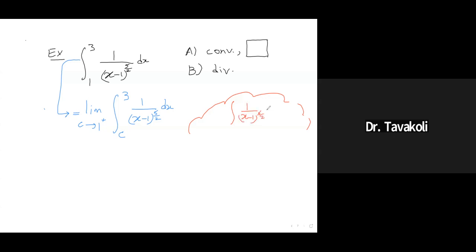So before continuing this, let's find the integral of 1 over x minus 1 to the power of 5 halves. This is a simple integral, of course. We let u be x minus 1. Then du over dx is 1, so du is dx. The advantage of this substitution is that instead of x minus 1 here, we have just one letter u, and dx is the same as du. So the integral becomes 1 over u to the power of 5 halves du.